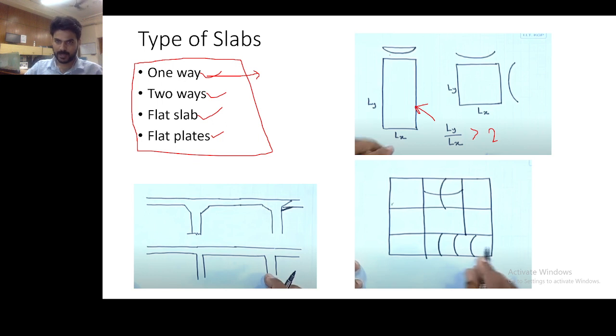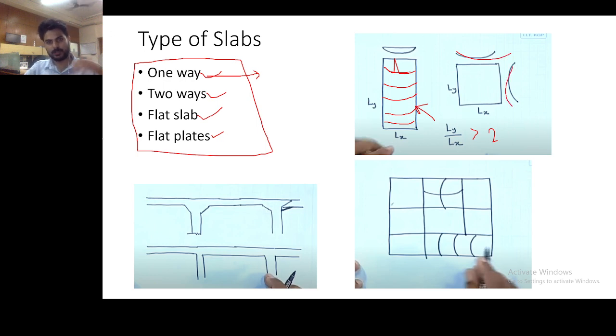Due to the action of its deflection. You see here in a one-way slab, the deflection of the slab is along the shorter span, so it is called a one-way slab. And in a two-way slab, deflection is along both directions. So that's why it is called a two-way slab.